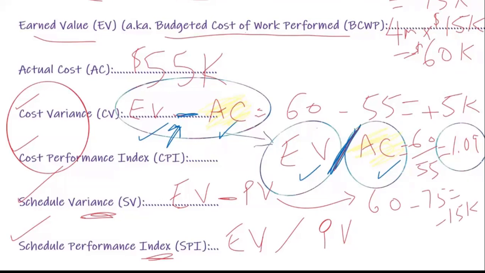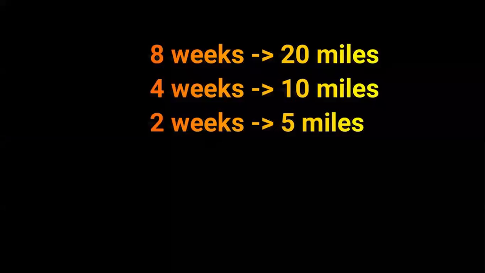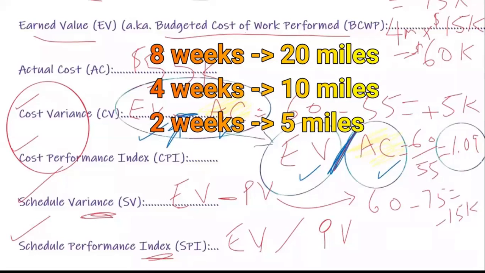Remember, in 2 weeks, we should have done 5 miles because the whole project is 8 weeks for 20 miles. 4 weeks would be 10 miles, 2 weeks would be 5 miles. But instead of doing 5 miles, we did 4 miles. So we're actually behind 1 mile. And that's the equivalent of the $15,000 that is shown here.